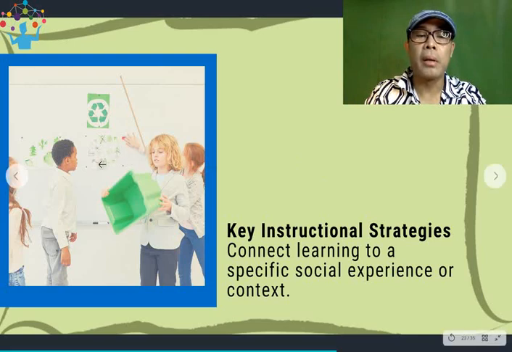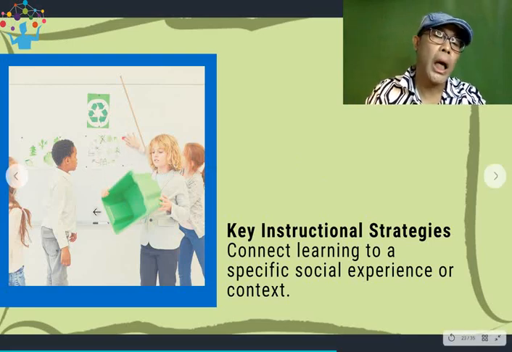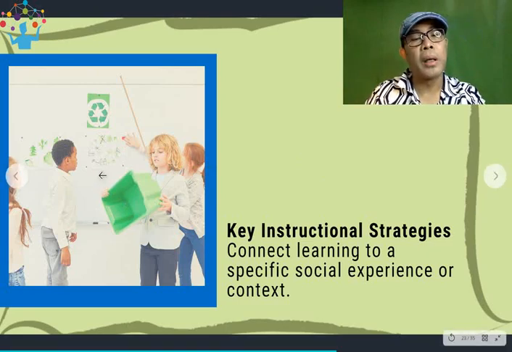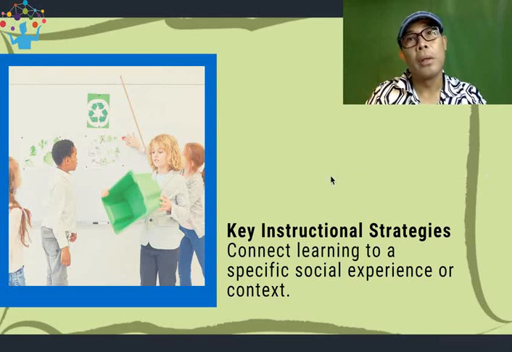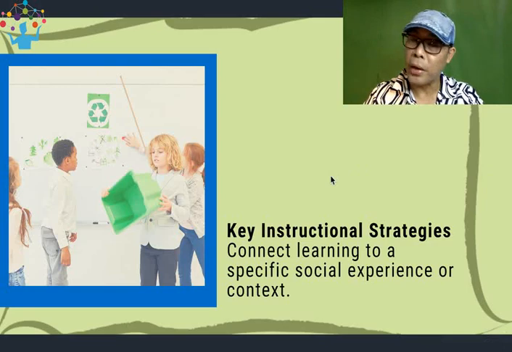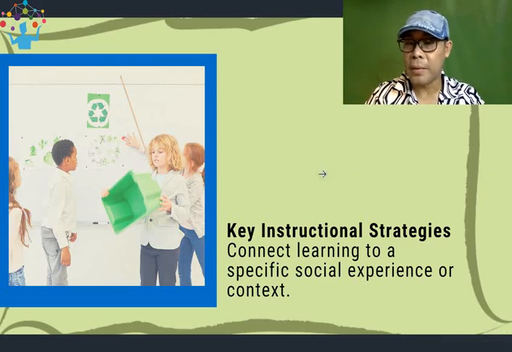So you can connect a specific topic in science so that children will be more acquainted and more connected to the challenges of climate change. So how am I going to connect the English language to climate change? How am I going to connect science? How am I going to connect mathematics, for example, with the issue of diversity, or equality, or peace?